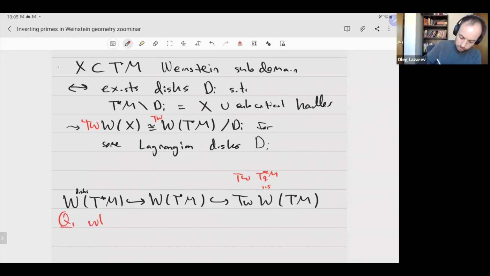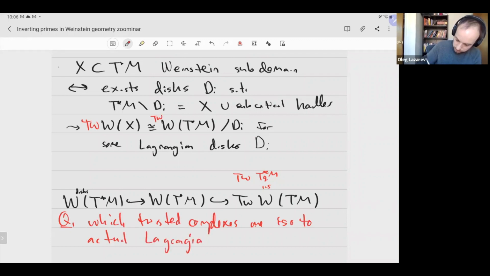So the question is, which twisted complexes are isomorphic to actual Lagrangians in X? Because you do this formal algebraic enlargement, and of course you lose some information.